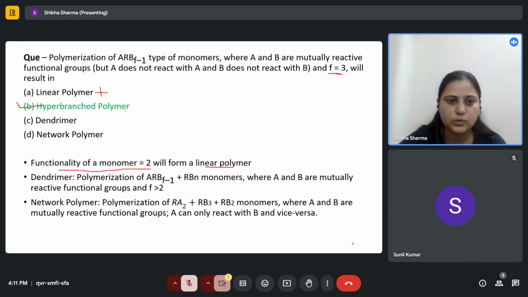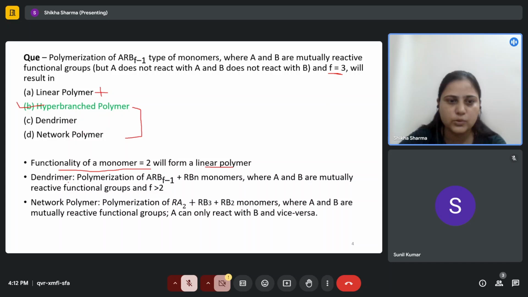In hyperbranched polymers, dendrimers and network polymers, the functionality is equal to 3, or greater than 2. So why are dendrimers and network polymers not the correct options?